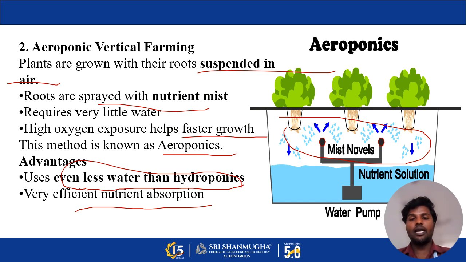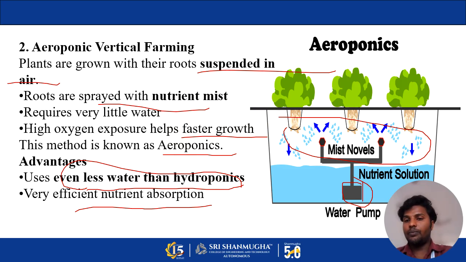You can see on the right side I have given a pictorial representation for your understanding. Here a water pump is placed at the bottom of the tank. The pump sucks the water and pumps it to the channels, where it is sprayed through the sprayer into the air.